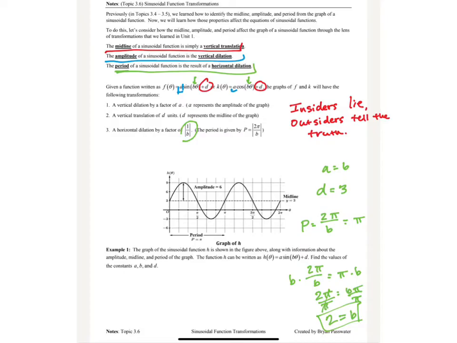So if we're going to write this equation with letters A, B, and D, our equation is going to be h of theta equals, what's A? 6 sine of B theta, so 2 theta, plus D, which is 3. Good? All right, let's go on.